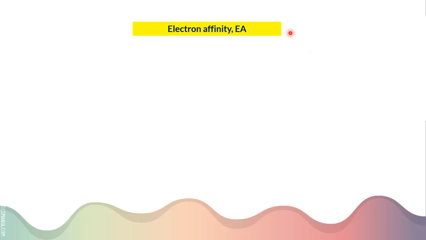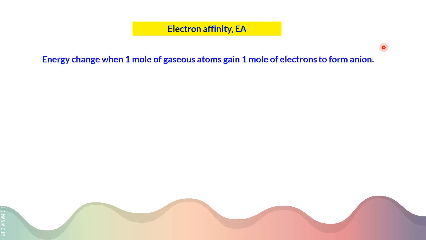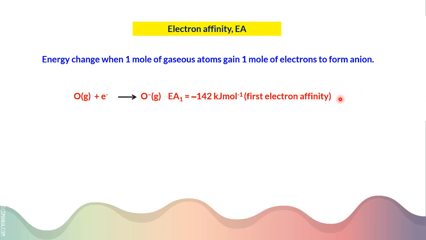Electron affinity, EA. Generally, electron affinity is the energy change when 1 mole of gaseous atoms gains 1 mole of electrons to form an ion. For example, when 1 mole of oxygen gaseous atoms gains 1 mole of electrons to form O- gaseous ions, 142 kilojoules of energy is released.